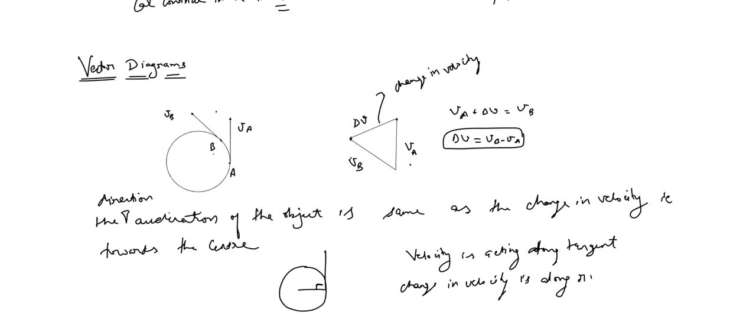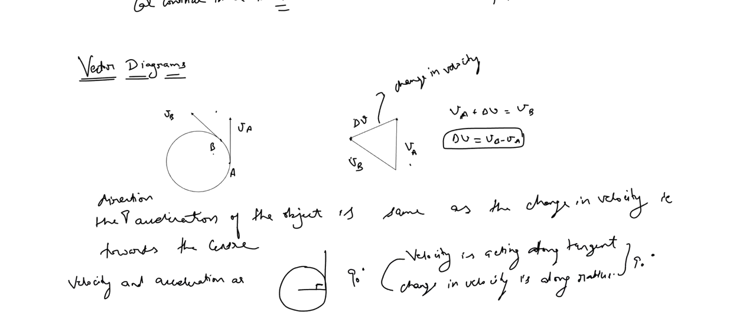Tangent and radius are at 90 degrees. What does that mean? Velocity and change in velocity are at 90 degrees. So velocity and acceleration are at 90 degrees.